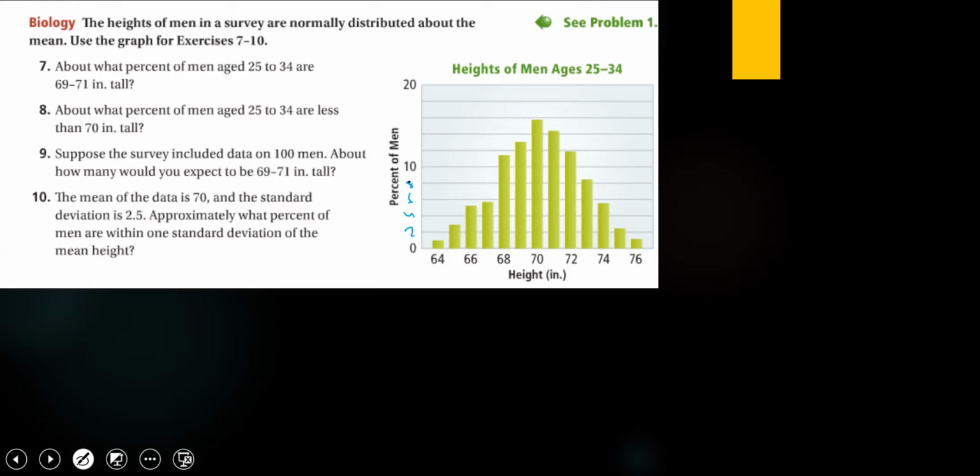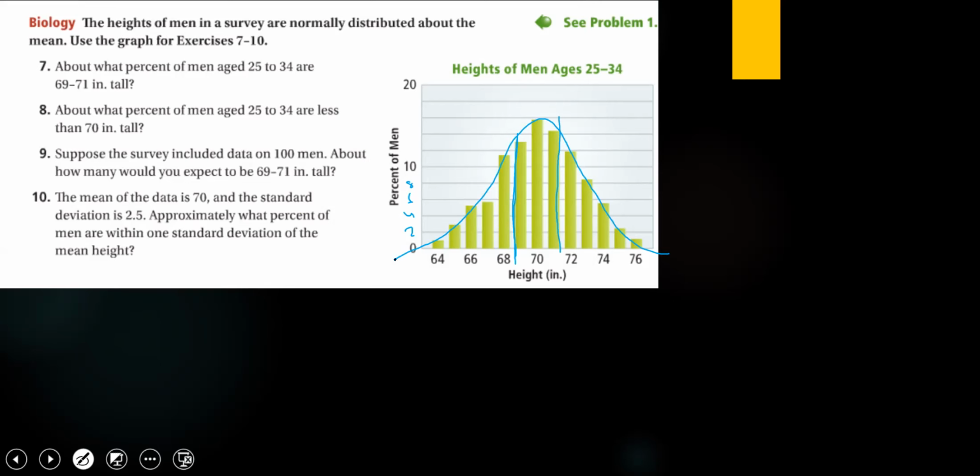Now the first one: what percent of men aged between 25 and 34 are between 69 and 71 inches tall? Where is 69? It is here. Where is 71? It is here. So here we have a normal distribution between 69 and 71.